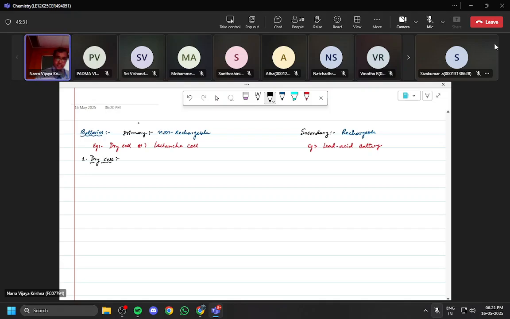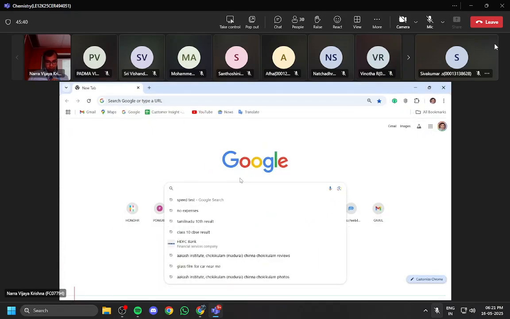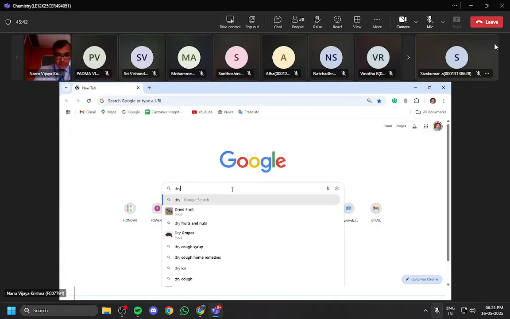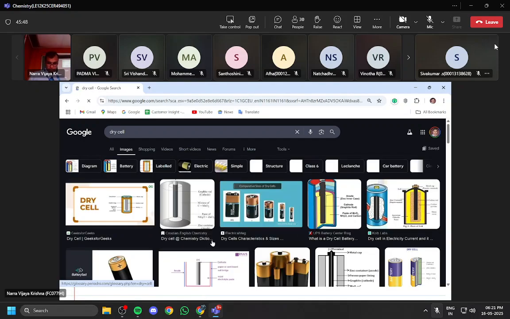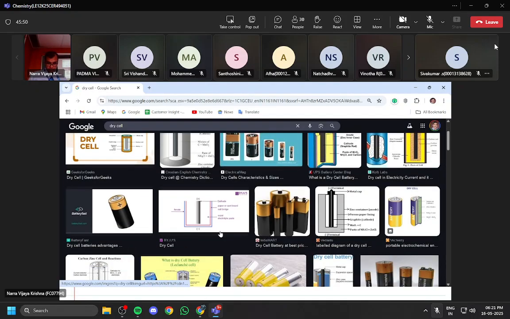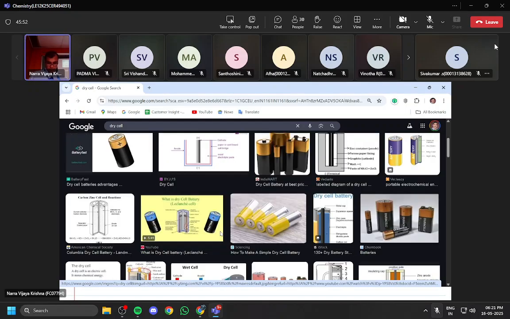When you observe this dry cell, let me copy that image directly from Google Images. Dry cell, I am taking one image. Can I take this image?